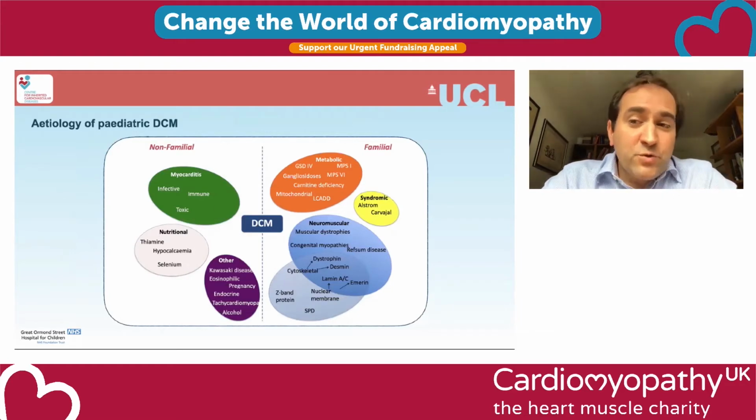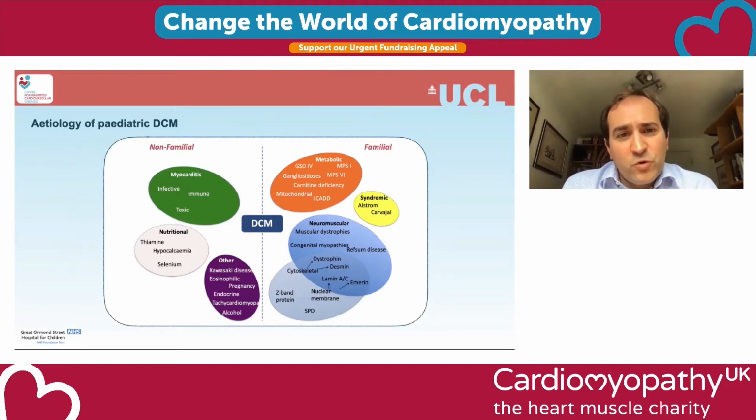It's a similar story for dilated cardiomyopathy. So again, we divide the causes of dilated cardiomyopathy into familial genetic causes and non-familial causes. And in dilated cardiomyopathy in particular, the non-familial causes are important because it's thought that a significant proportion of cases of dilated cardiomyopathy in children are caused by a viral infection.